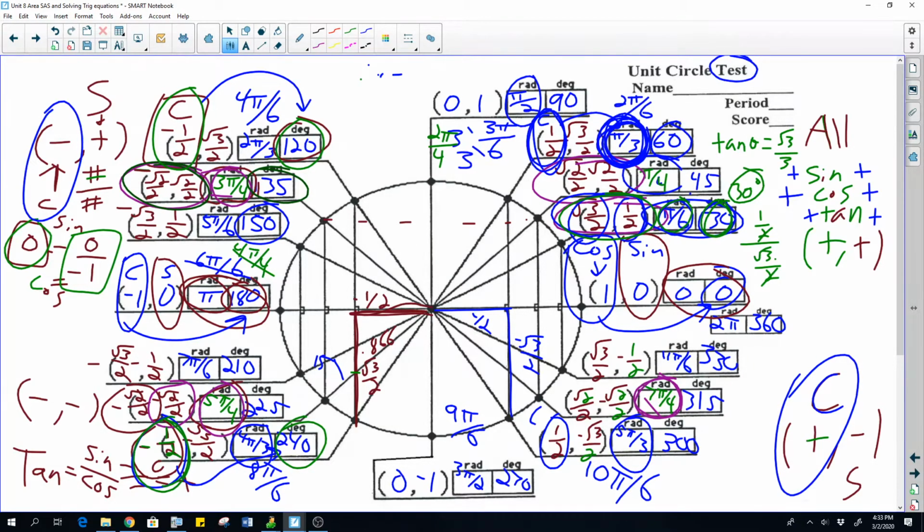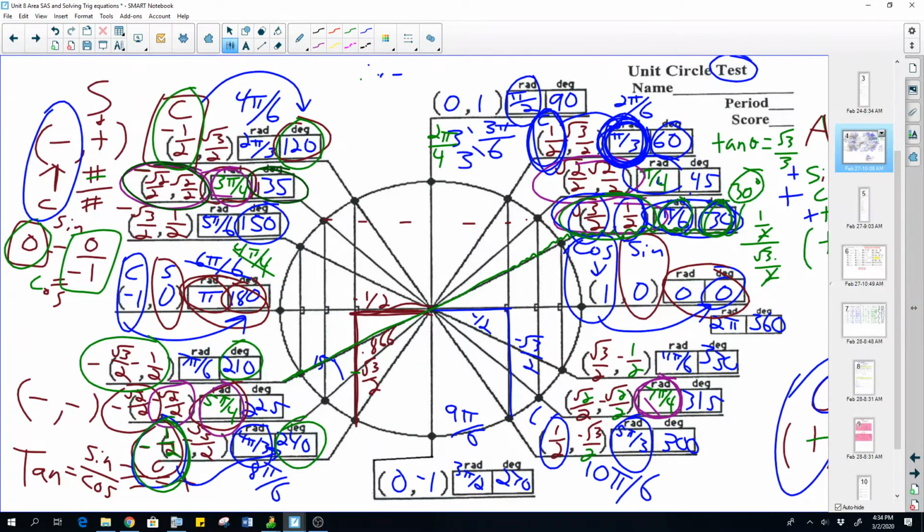And then if we go along there, tangent is also positive down here, because negative divided by negative is a positive. So we have the same thing here, which is going to be 210 degrees. Cool, so we got 30 and we have 210 degrees.